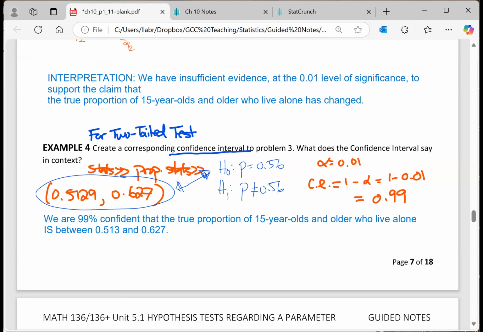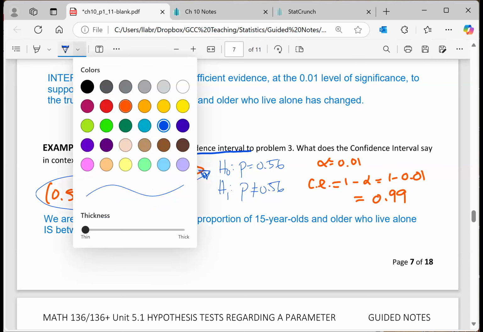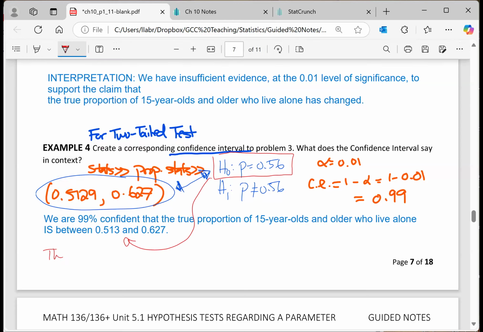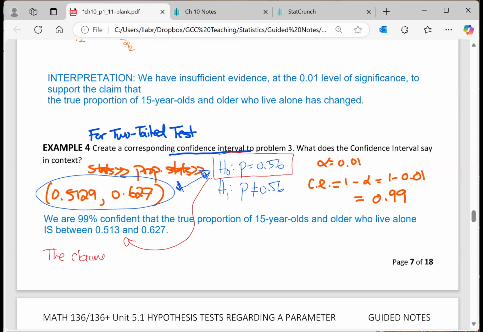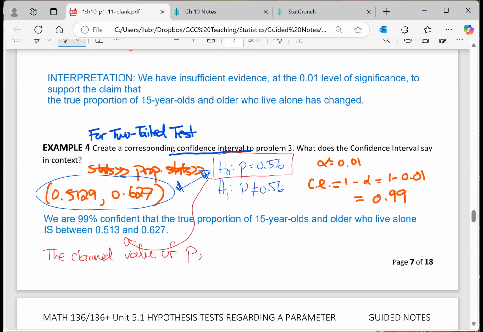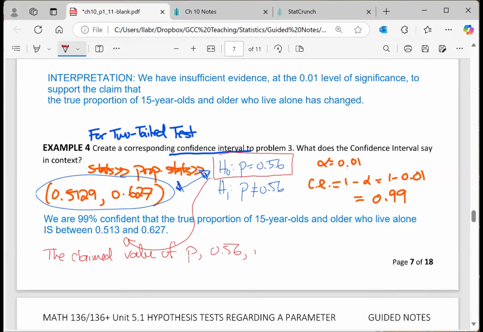Well, always compare it to the claim. We're saying we are very confident that the value of p is between 0.513 and 0.627. More precisely, the claimed proportion is actually in this interval. The claimed value of p, in this case 0.56, is in the interval.